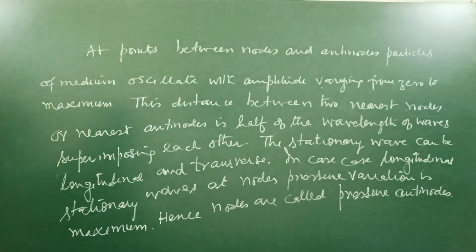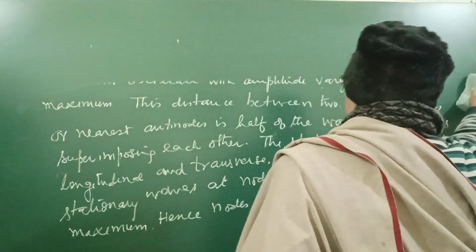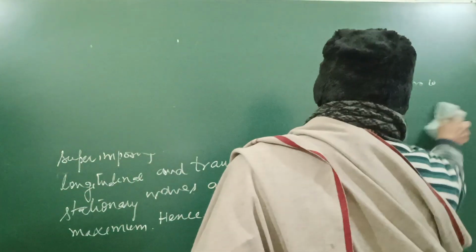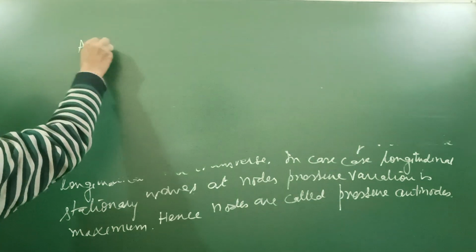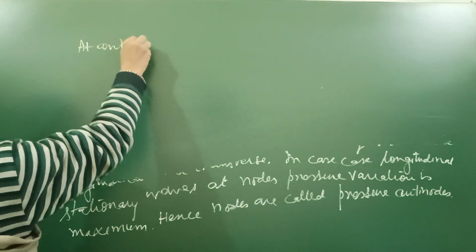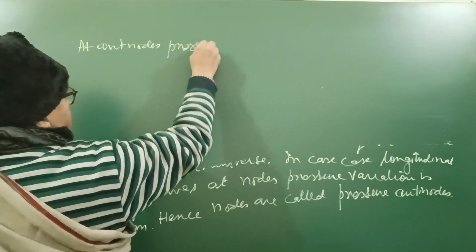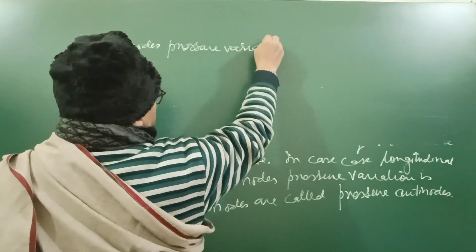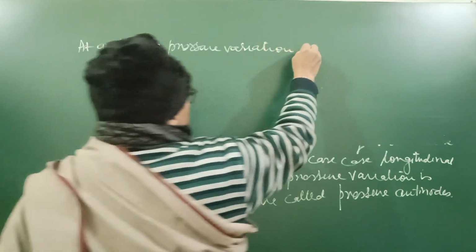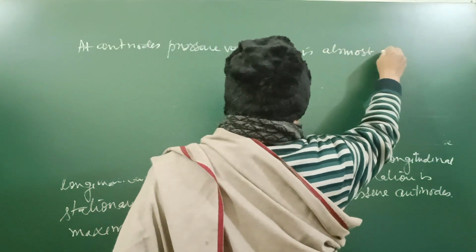And at antinodes the pressure variation is almost zero.